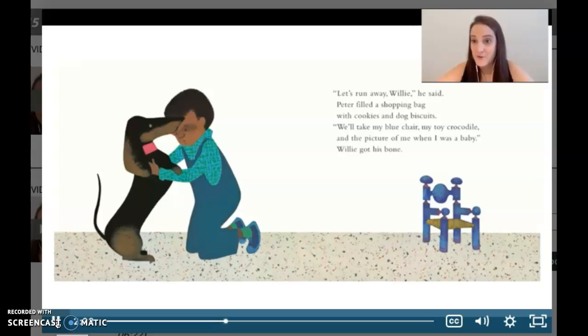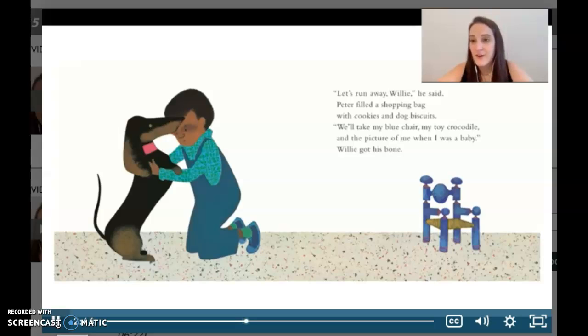Willie got his bone. So, in that part right here, let's think back to Diamond. We know Diamond was bold. She was a little lonely too. She was looking for a friend. She kept that picture of Alicia really close to her.